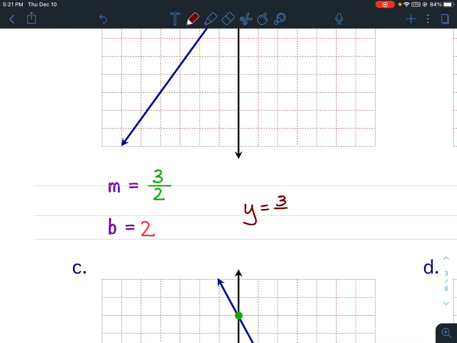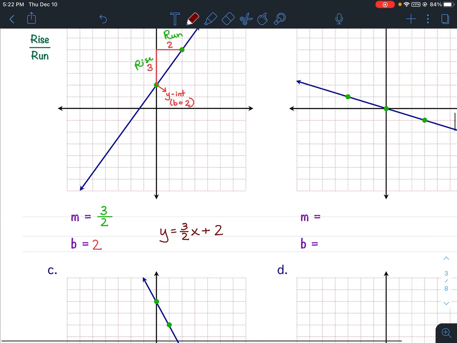So 3 over 2 x. The x goes in the middle. It doesn't go beside the 2 or up by the 3. Then the b goes at the end. Since it's a positive 2, I would put a plus sign in between. So my equation for this line is y equals 3 halves x plus 2.